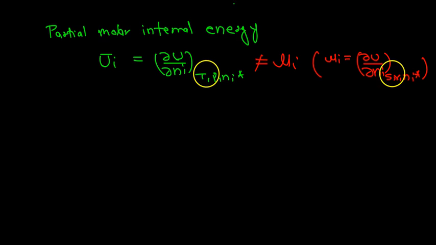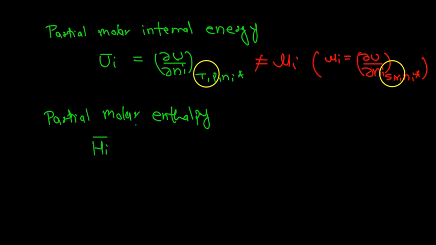Therefore, you have ui bar not equal to mu I, but del u by del ni at constant T, P and I star. Now what I do is define a similar quantity called partial molar enthalpy, and I denote it as Hi bar.